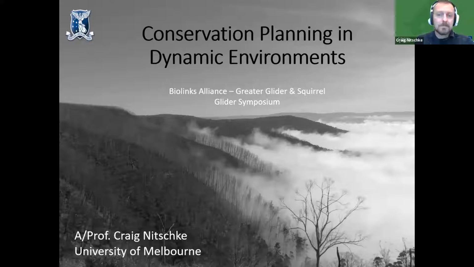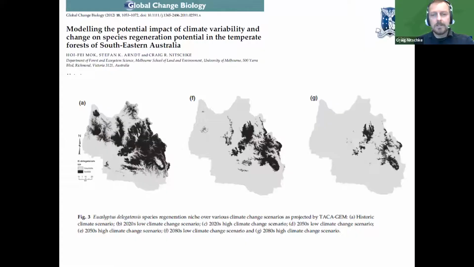When we think about dynamic environments from our context, not only are we thinking about the year-to-year variation, but also the future. You know, how are landscapes changing? How are forests changing? How's habitat changing for a variety of different flora and fauna? Here's an example of some simulations of the potential change in the regeneration ability, or the regeneration niche, of alpine ash, Eucalyptus delicatensis.